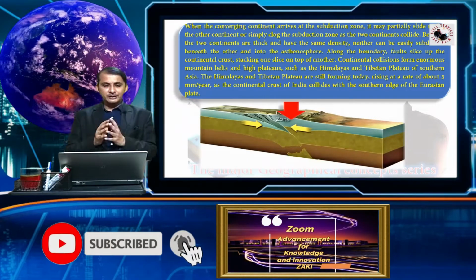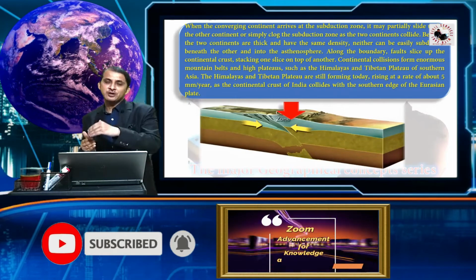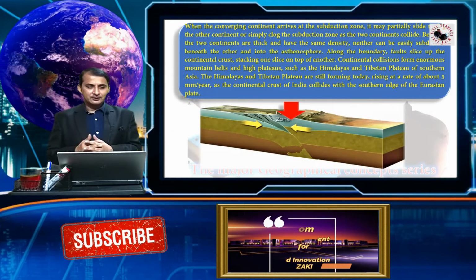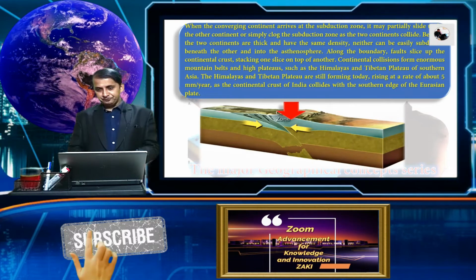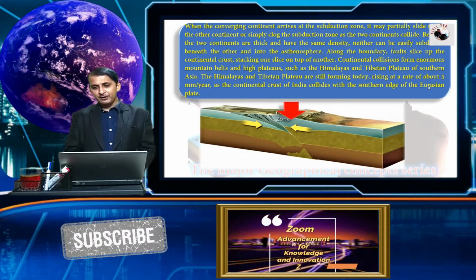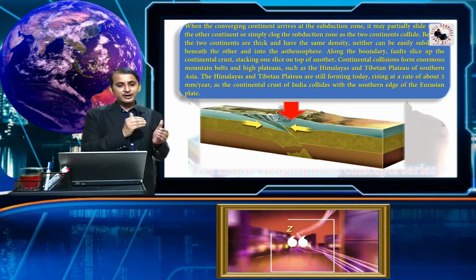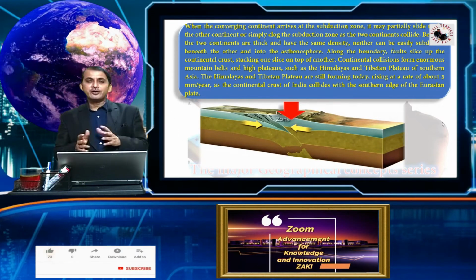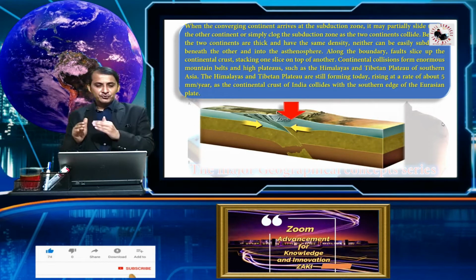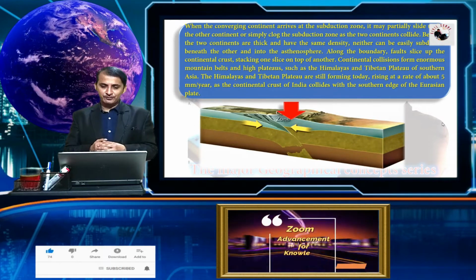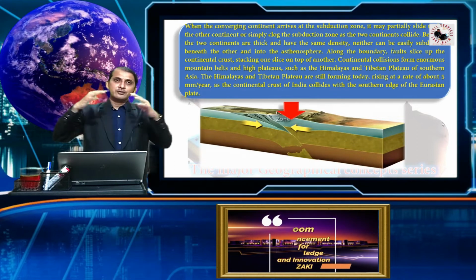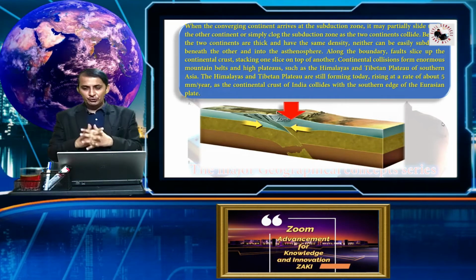When the converging continent arrives at the subduction zone, it may partially slide under the other continent, or it may simply clog the subduction zone. As the two continents collide, the subduction zone is closed.